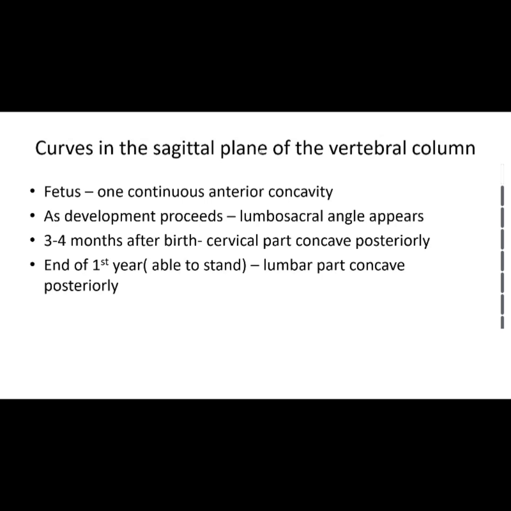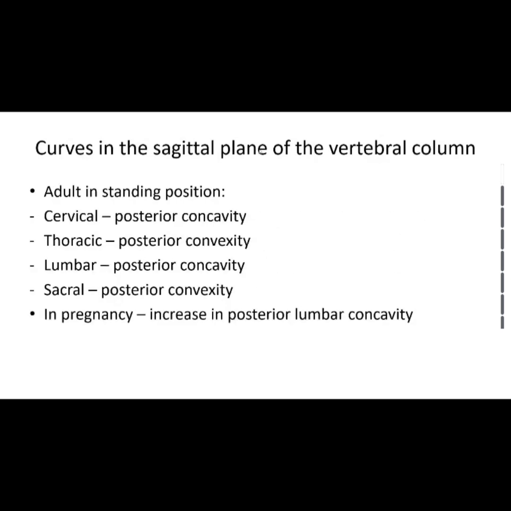Now the curves in the sagittal plane of the vertebral column for an adult standing in anatomical position. The cervical curvature, looking at it from posterior, will be a posterior concavity. Then the thoracic region, from posterior, will be a posterior convexity.